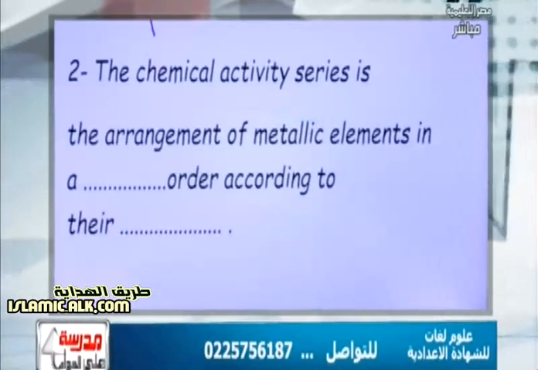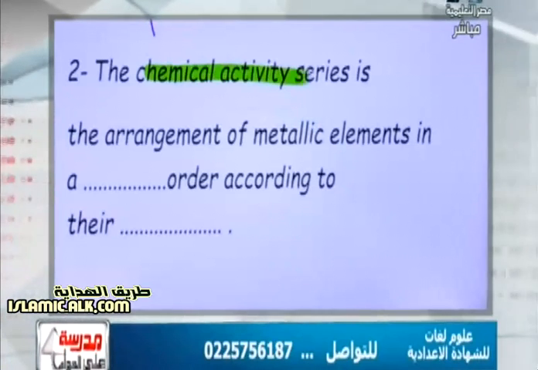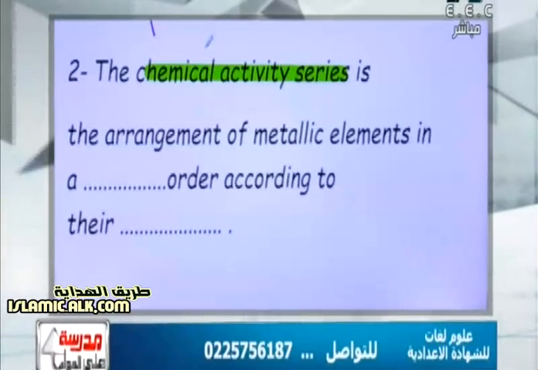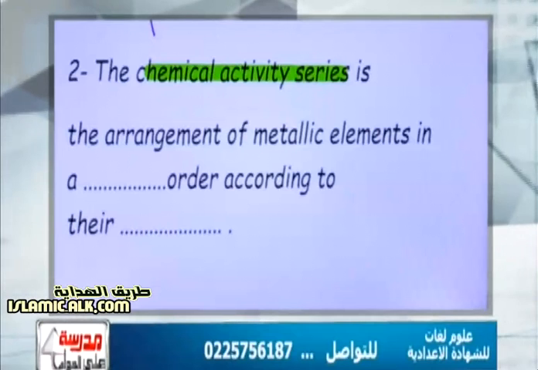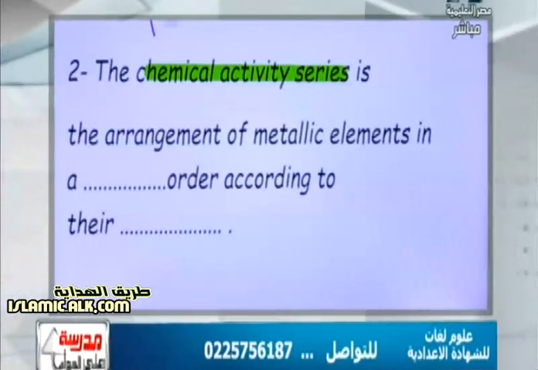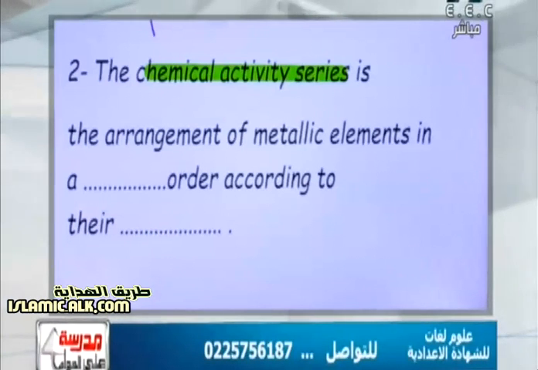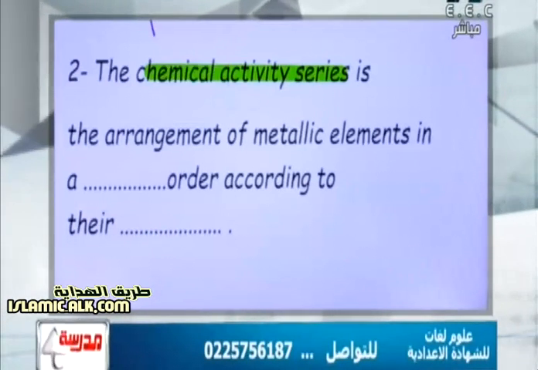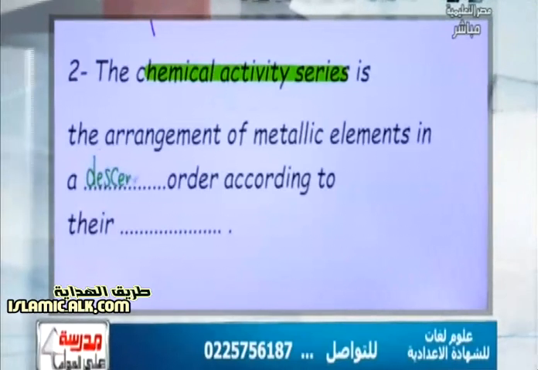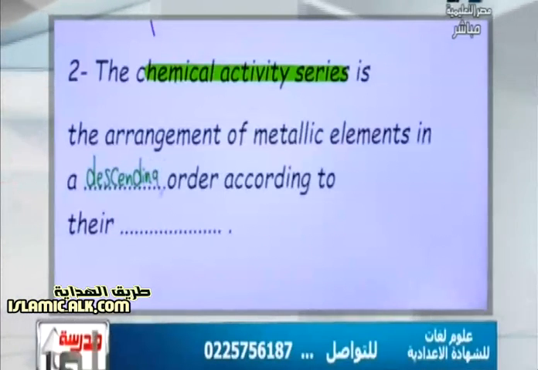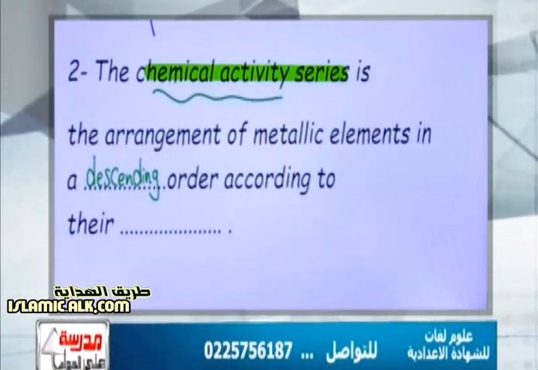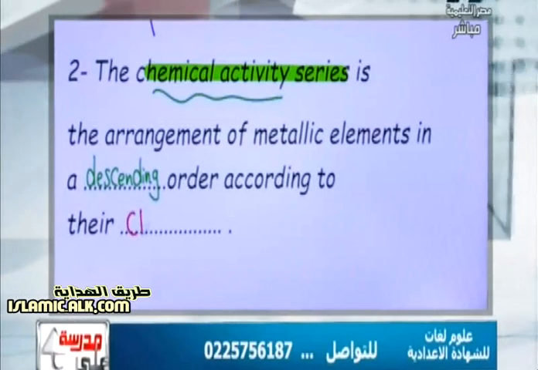We talk here about the chemical activity series, so we talk about its definition: it is the arrangement of metals in descending order according to their chemical activity.